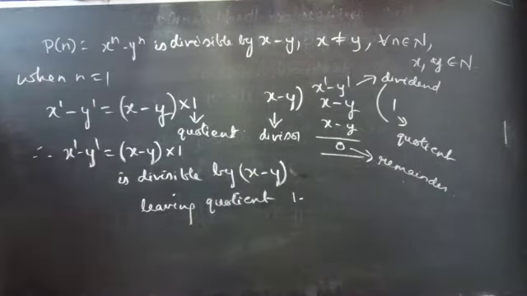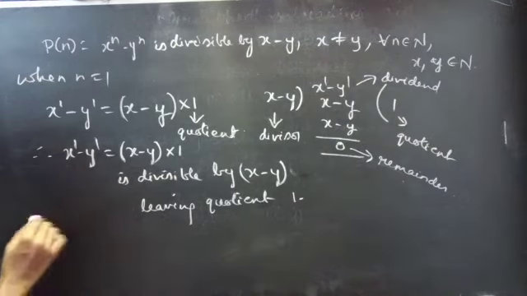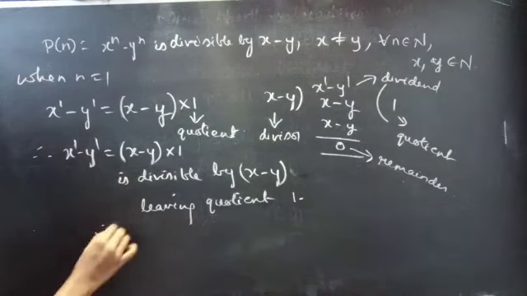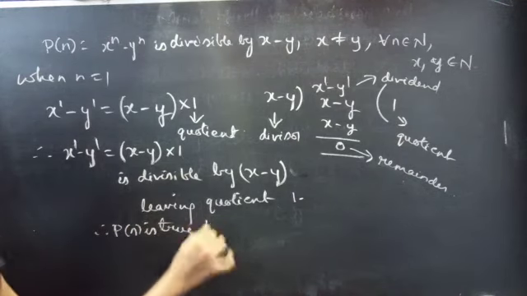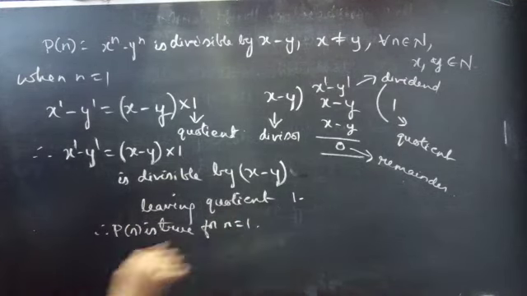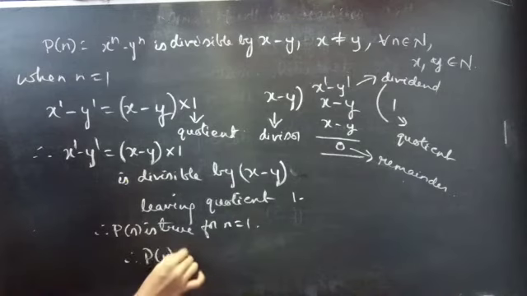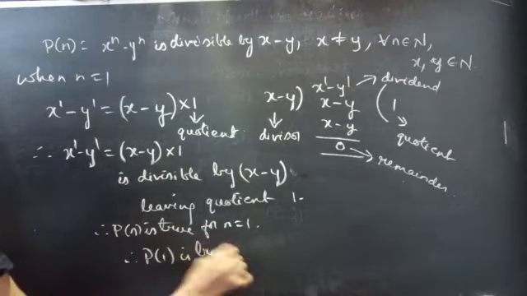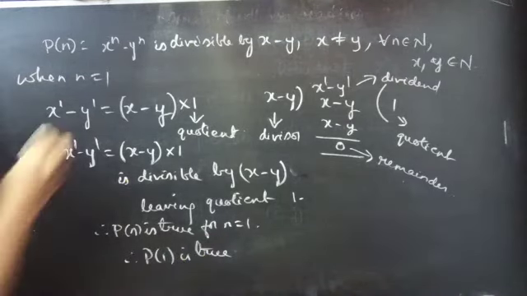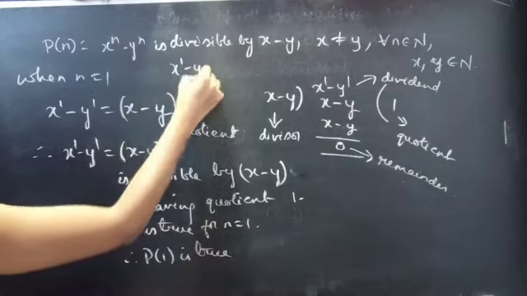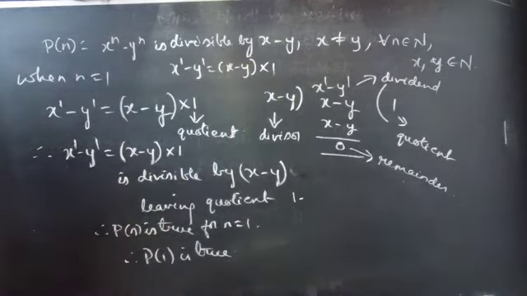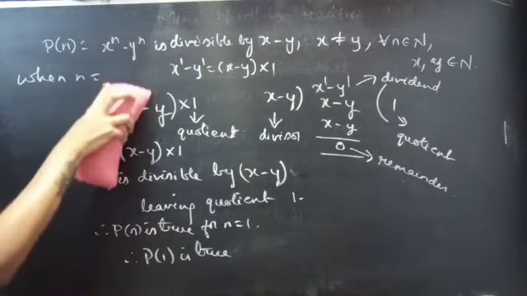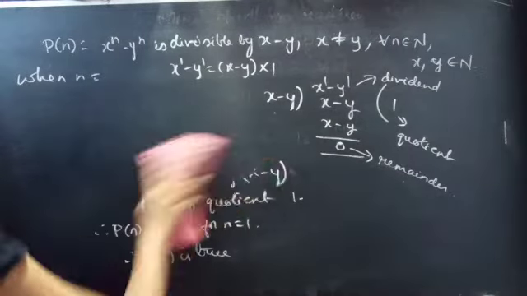Okay. Now let's see for n equals to 2. So from this we can say that p of n is true for n equals to 1, that is p of 1 is true, right? Now we'll see for n equals to 2.